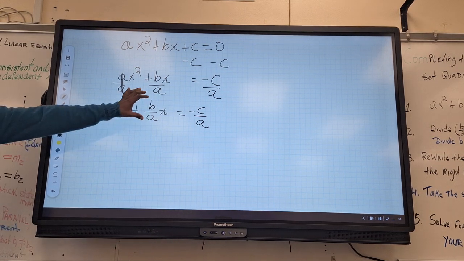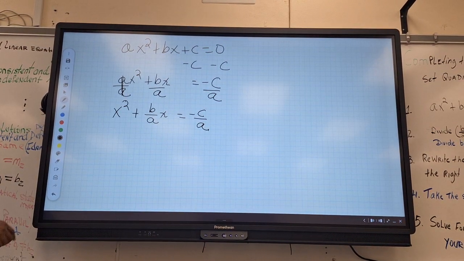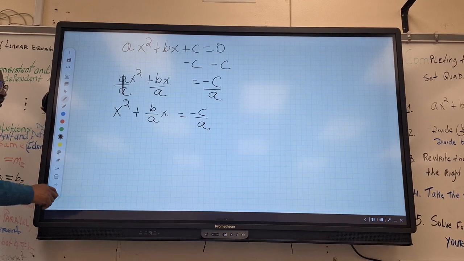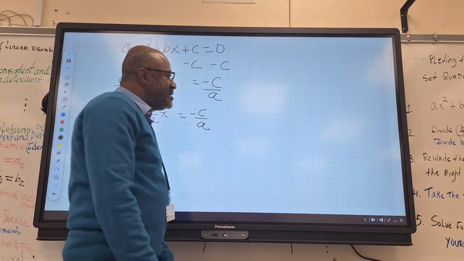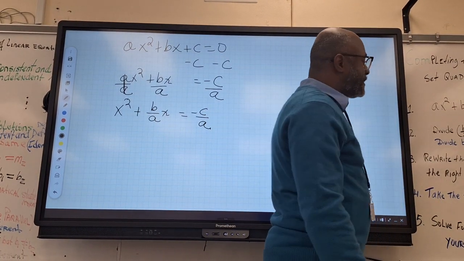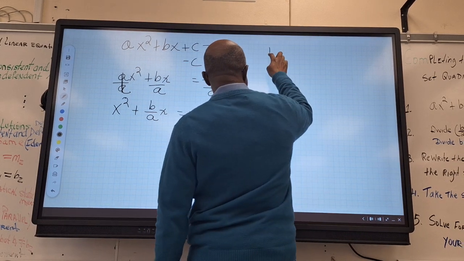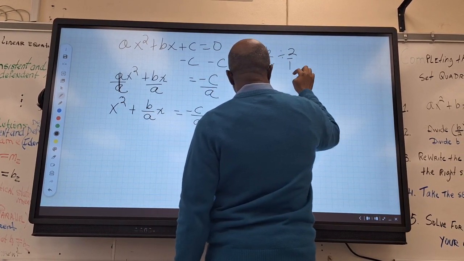Your B term is B over A. What must you do to that? What you always do with B: divide by 2, then you square it. So we have B over A divided by 2 over 1.